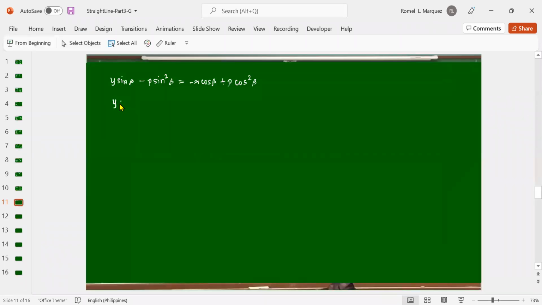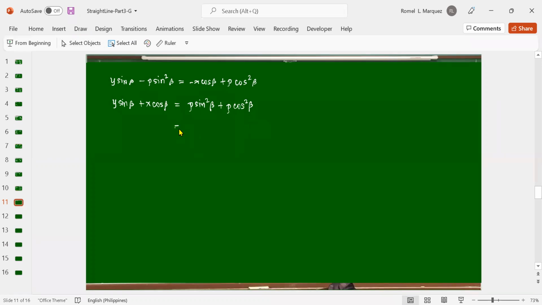So we have y sine beta plus x cosine beta is equal to P sine squared beta plus P cosine squared beta.